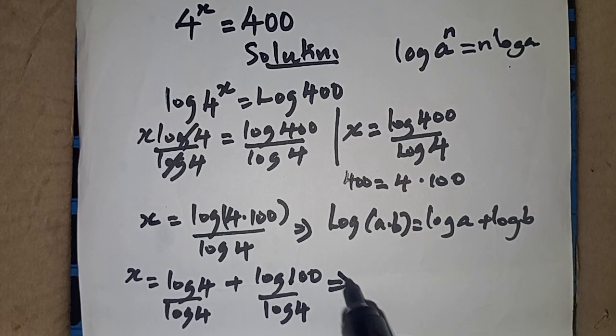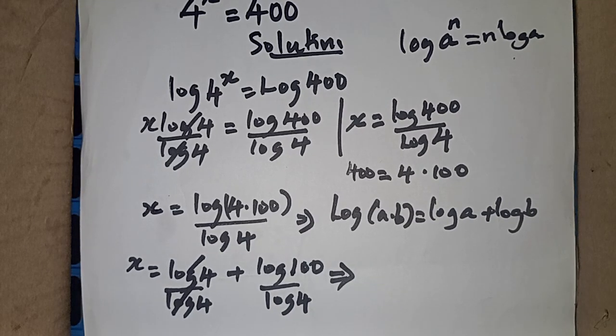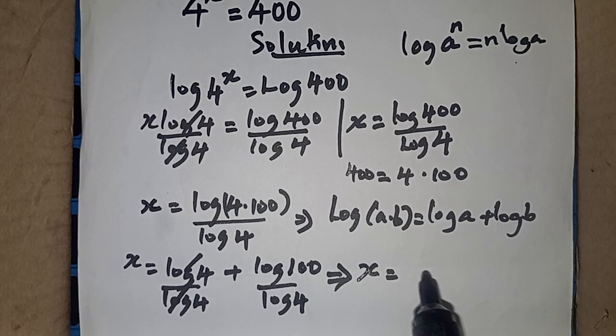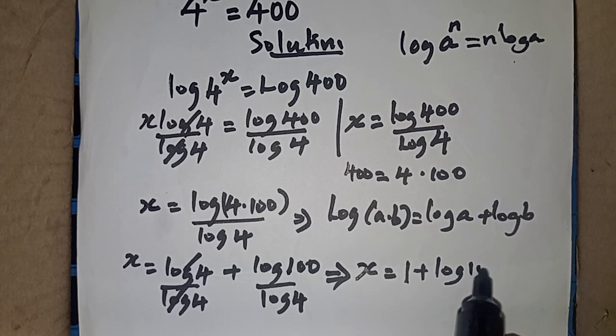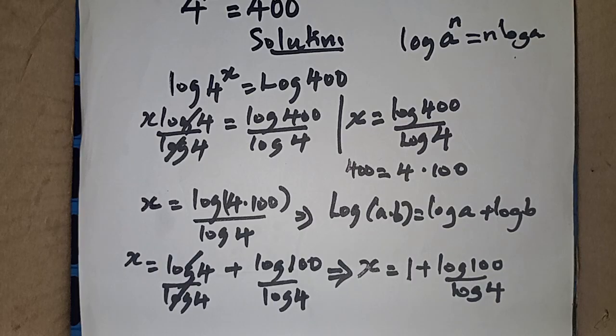Simplifying further, the log 4 and the log 4 cancel, and x remains as 1 plus the log 100 divided by the log 4.